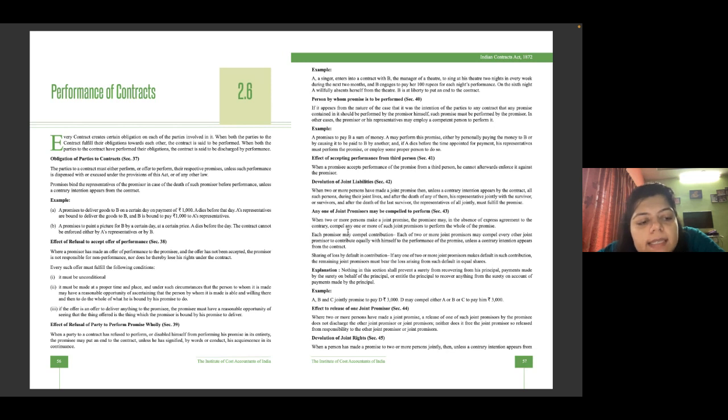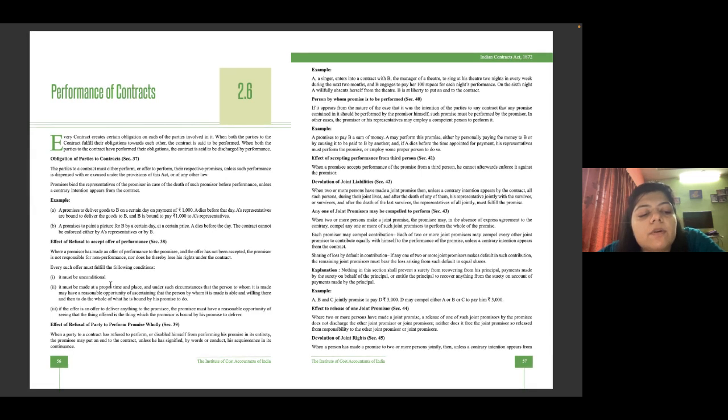So in such cases, the representatives of A are supposed to deliver the goods as well as B is supposed to make the payment. Now, they can either perform or offer to perform their respective promises unless such performance is dispensed with or excused under the provisions of this Act or any other law. So that is according to Section 37.